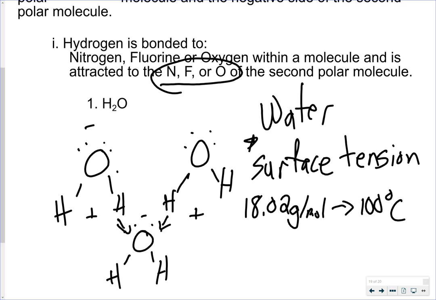All the other compounds that have 18.02 grams per mole are mostly gases that boil at way lower temperatures. So it's another reason why it is a liquid at room temperature. So hydrogen bonding is a very, very strong dipole. It's so strong, it's a special dipole.